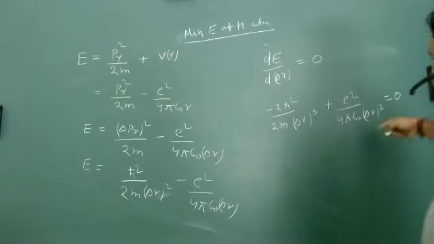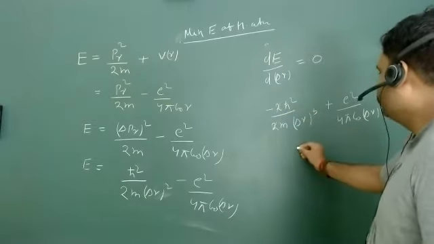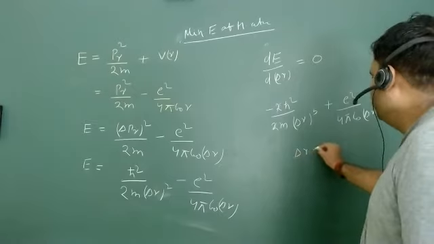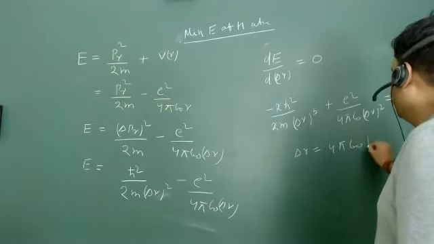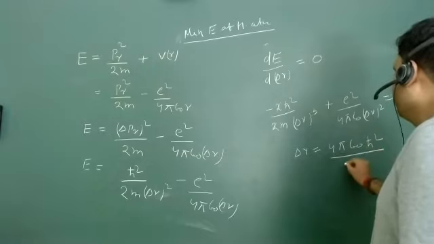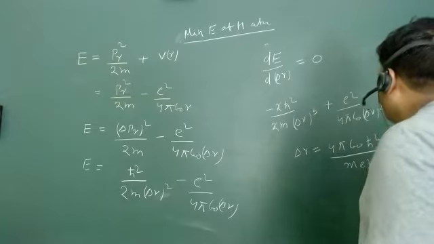From here you can get the value of delta R. Delta R is 4 pi epsilon naught h cut square upon m E square.